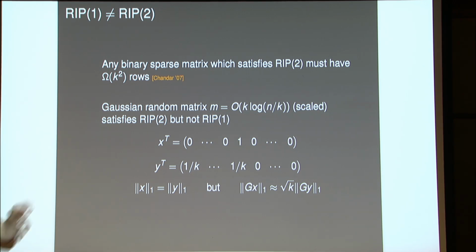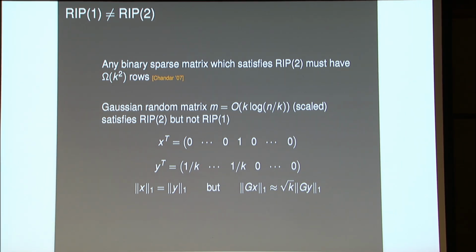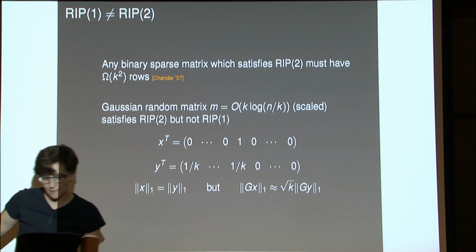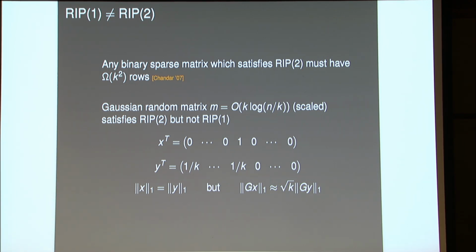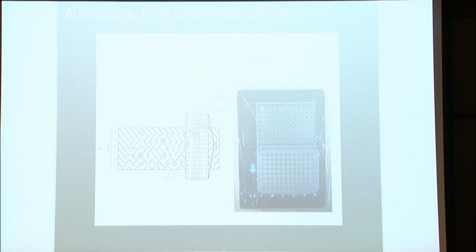So it's sort of a two-way comparison of RIP1 versus RIP2. Okay, so they're quite different from one another unless you have a fair number of rows. Maybe you don't necessarily want m as small as possible. Maybe you want m a little bit bigger to tolerate other stuff, in which case, you're kind of in this setting.